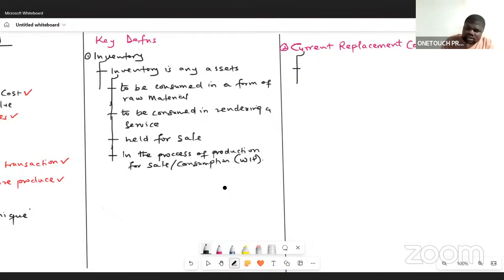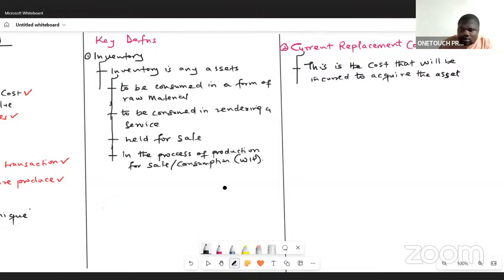So current replacement cost is the cost that will be incurred to acquire the assets at the reporting date.